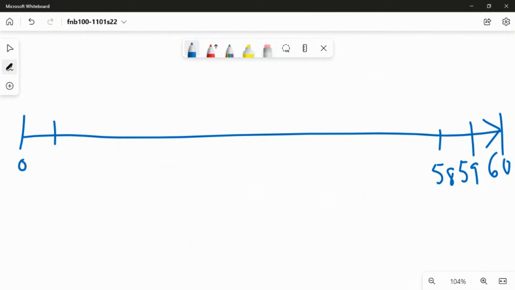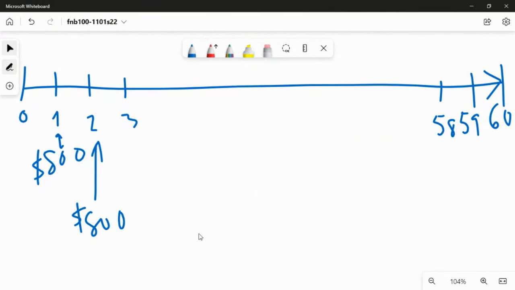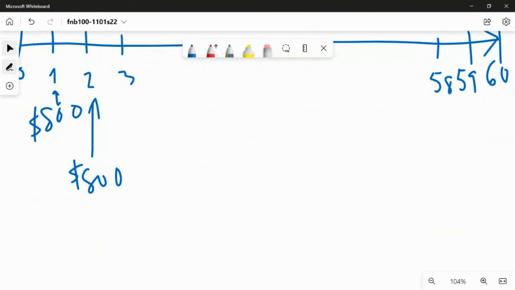Starting from time 0, first month, second month, third month, you're making a deposit every month, 800 here, and another 800 here, and another 800 here.